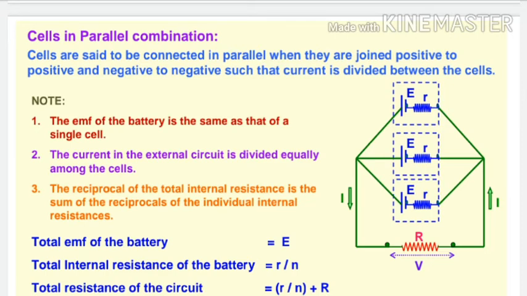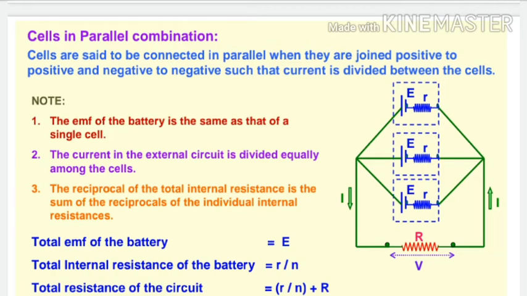So here the important points to note: first, the EMF of the battery is the same as that of a single cell. Because all the cells are connected in parallel to each other, the EMF of the battery will be the same.